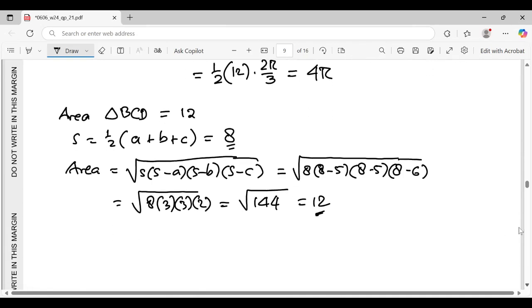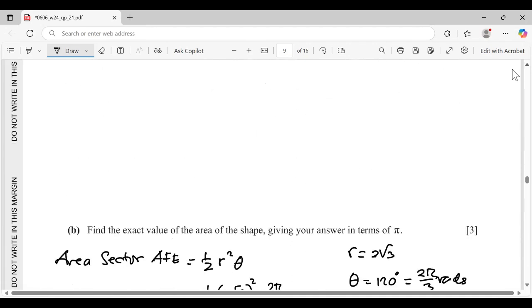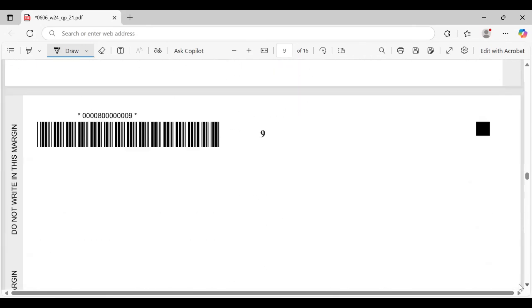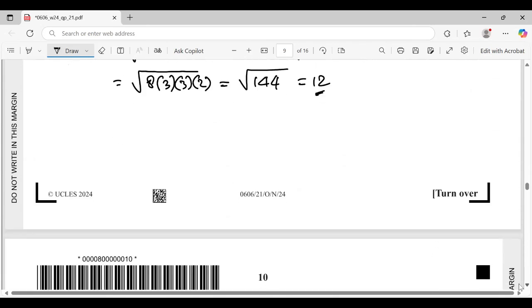After that, area of the rectangle ABDE is one. Okay, so we are going to divide by 2. Rectangle ABDE, and after that divide by 2. So area of rectangle ABDE: square root 3 times 6 divided by 2.